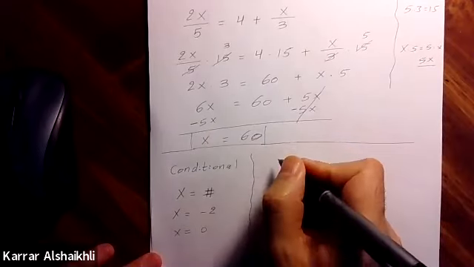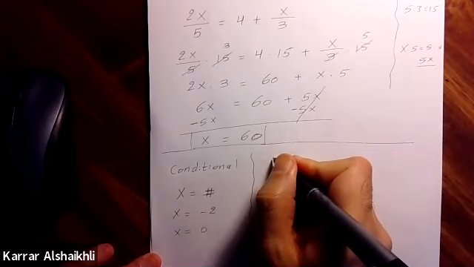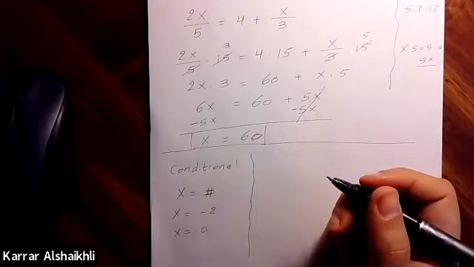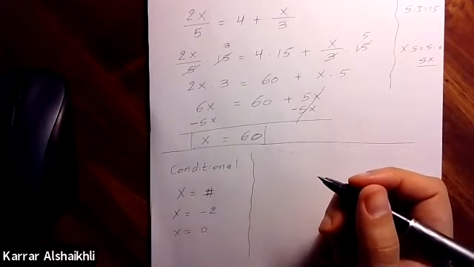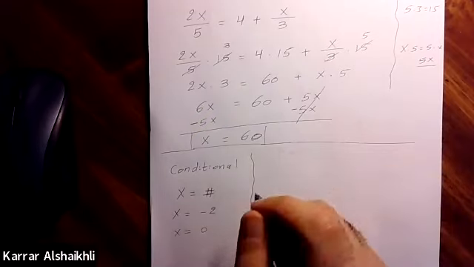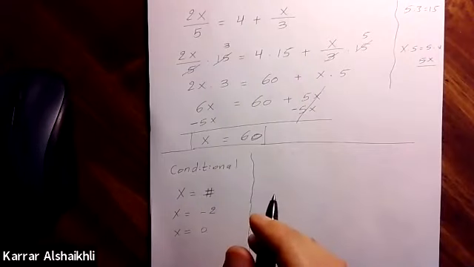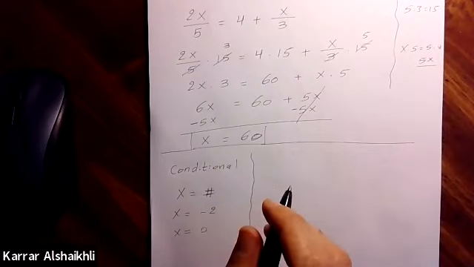The second one is identity. The identity, when you have both numbers on one side.